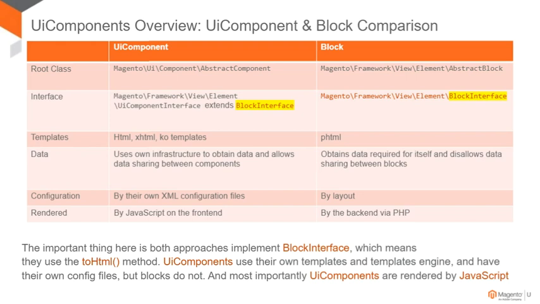Special classes generate data for UI components, while blocks serve as the data containers themselves. Also, UI components have their own configuration files, while there are no configuration files for blocks, other than layout. And, as mentioned earlier, UI components are rendered by JavaScript, while blocks are rendered by PHP.